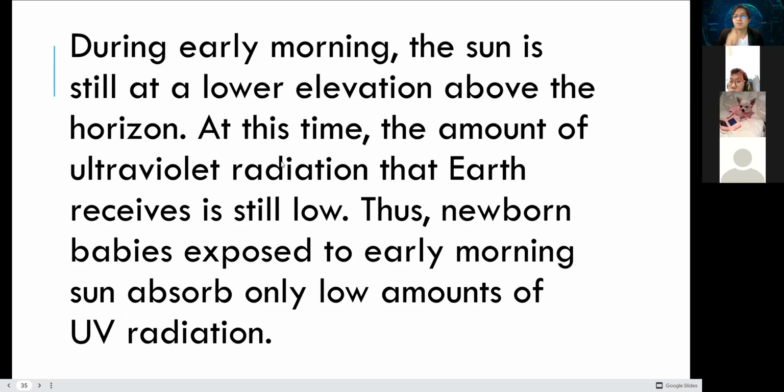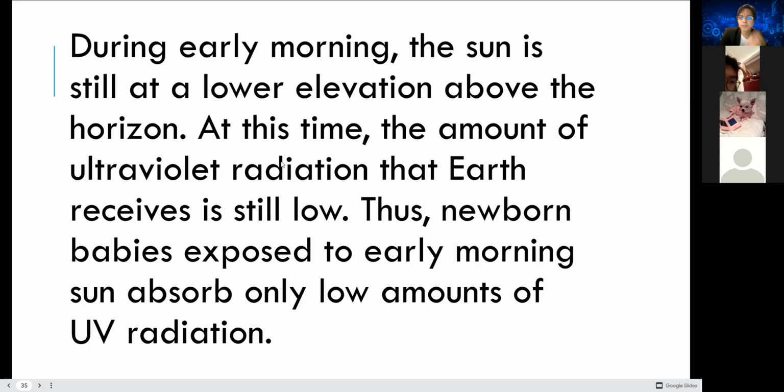Again, the precursor for vitamin D is ergosterol. Ergosterol needs to be converted into vitamin D. The purpose of vitamin D is for the calciferol, or the calcium, to be absorbed by our body. Without vitamin D, calciferol or calcium will not be absorbed.